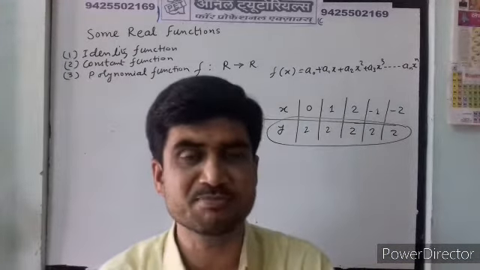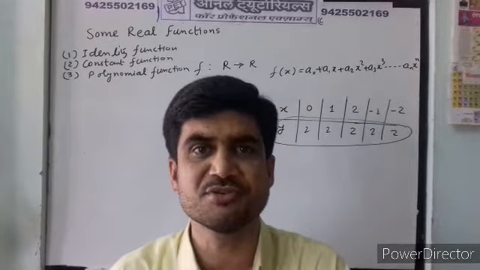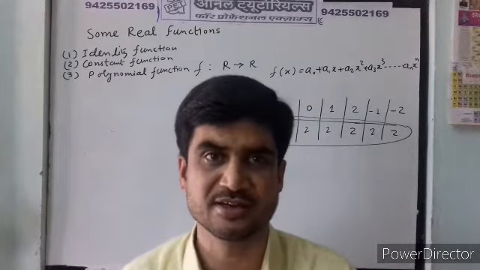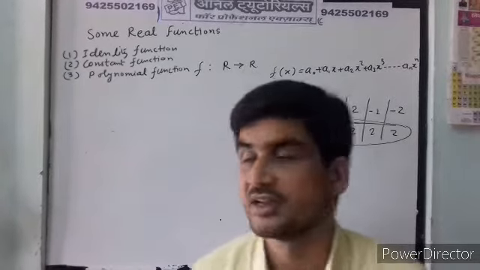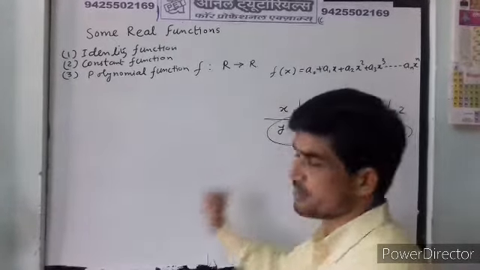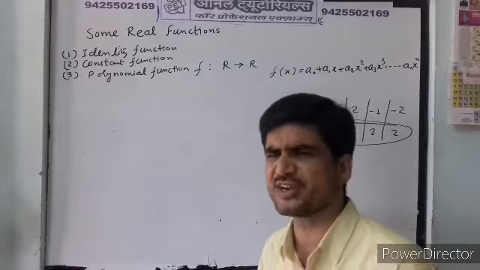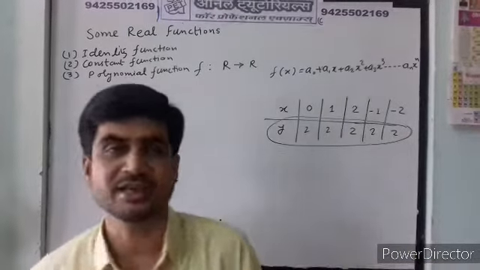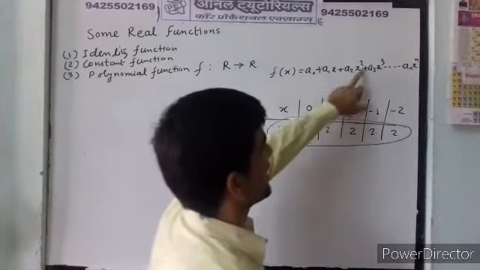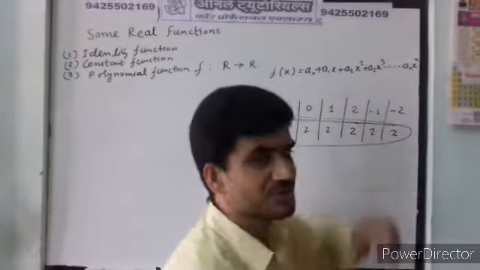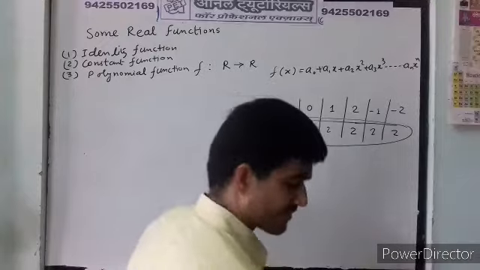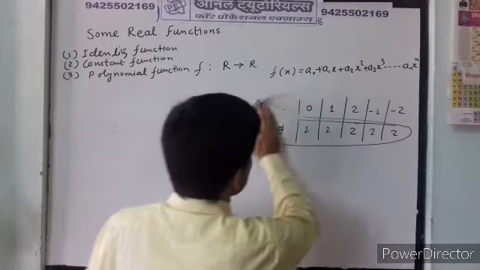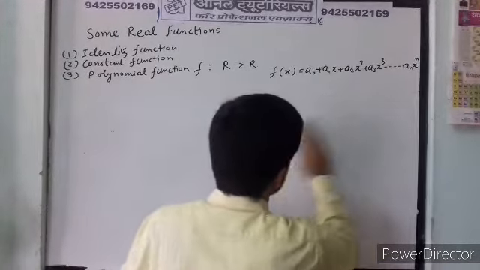Remember, the power of x should be a positive integer. It should not be negative, and it should not be a fraction. Then the function is called a polynomial function. There are different types of polynomial functions. Say when you have only the square term, you will say it's a quadratic polynomial. So it will give a graph of a parabola.